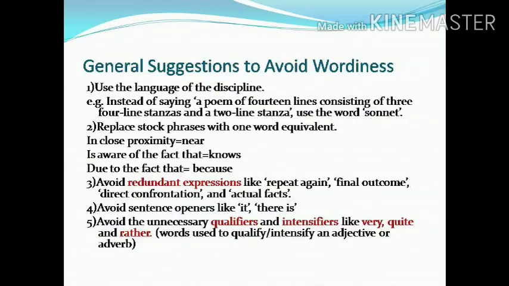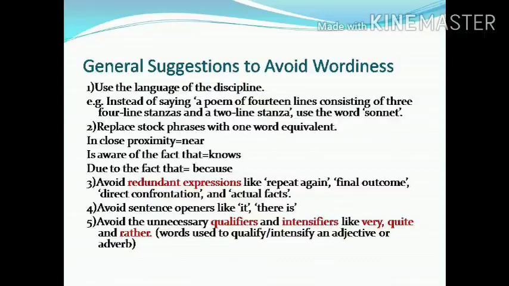And third one, avoid redundant expressions like repeat again, final outcome, direct confrontation, and actual facts. Redundant expression means unnecessary repetition. For example, repeat again. No need to say repeat again.